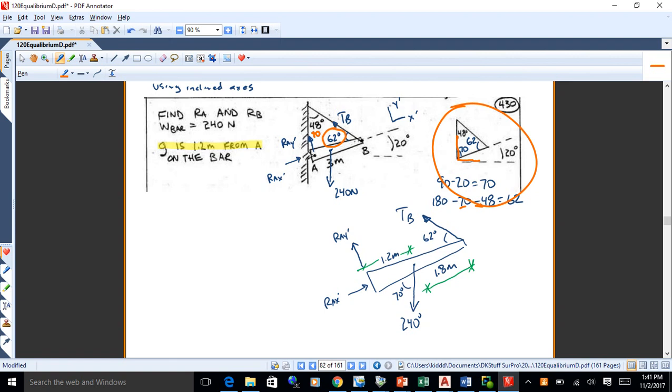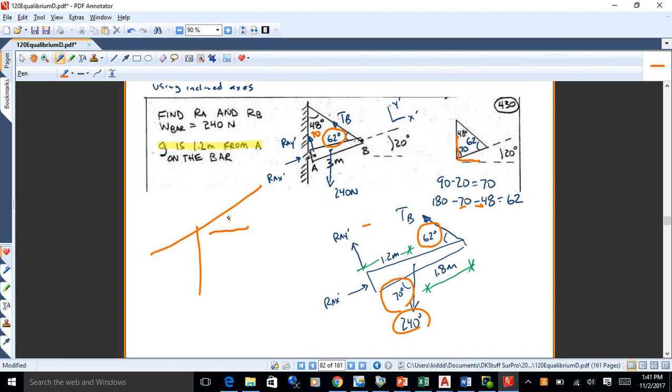So if you're going to do these inclined axes, you're going to have to do a bit of geometry with angles. That's just how that's going to be. So you can get that at 62, and then you can get this 240. See, that's going straight down. And then you've got a 20 up here. So you should be able to figure out this 70 here in one fashion or another. But that's straight down.